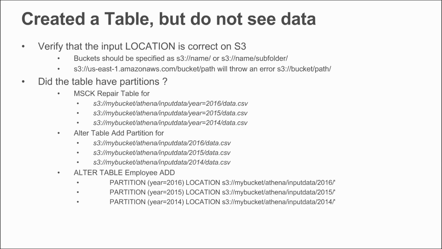So year is equal to 2016, year is equal to 2015. If my data is in this format, I can use MSCK repair table to load all the partitions. If my data is not in this format, for example, is in the format that you see second, S3 my bucket input data 2016, then I can use alter table add partitions like the way I've shown to add those partitions manually. So remember, if you define partitions, you have to first load the partitions for you to see any data.